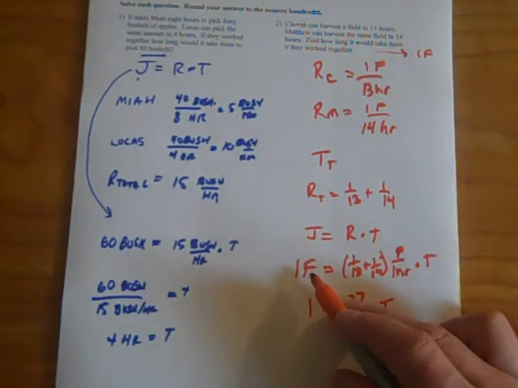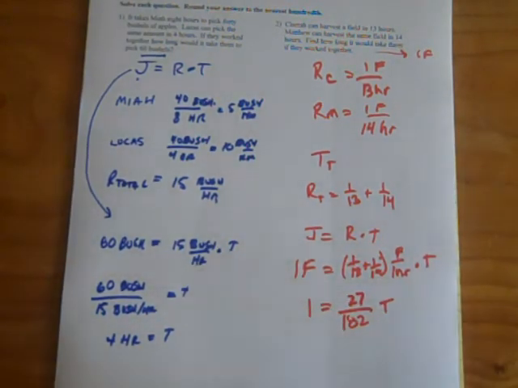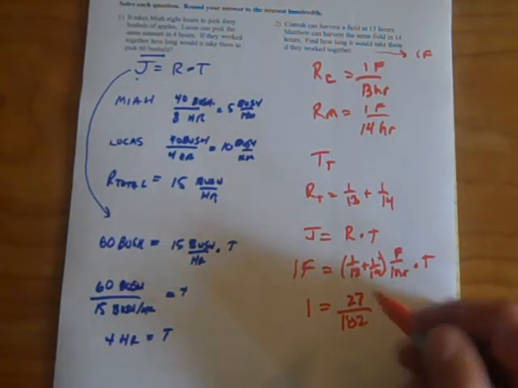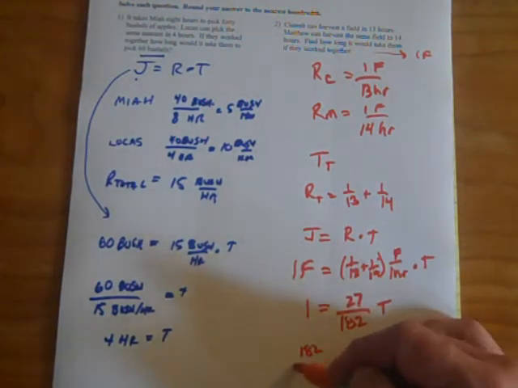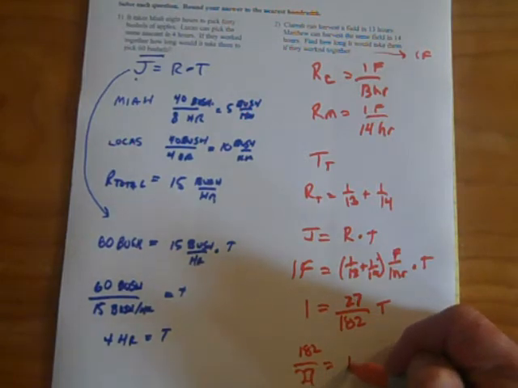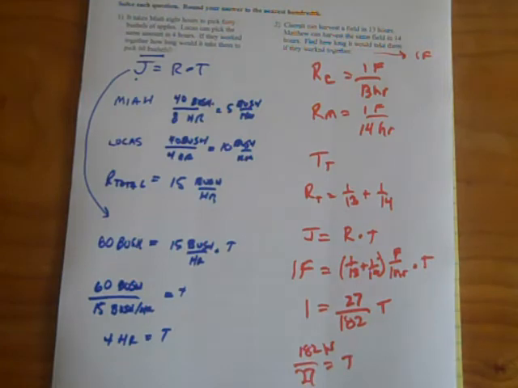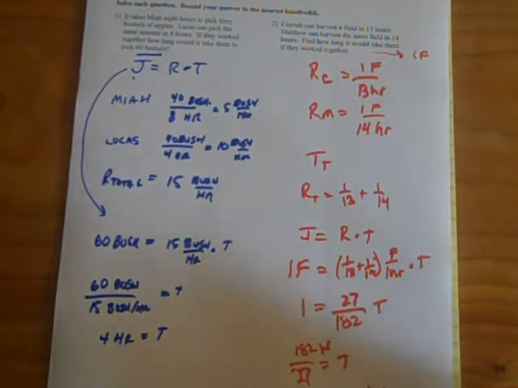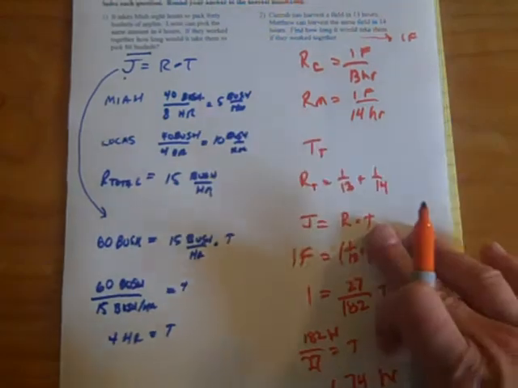And I'm going to drop the units because I know when I take these, I'm going to get hours. So I multiply both sides by the reciprocal. 182 over 27 becomes my answer in hours. And if they said round to the nearest hundredth, so calculator, 182 divided by 27. How about 6.74 hours?